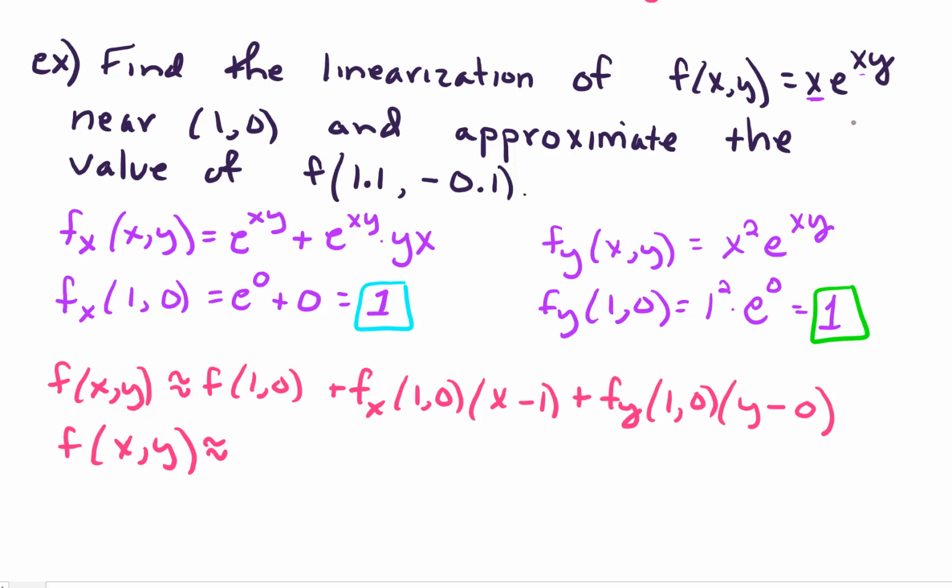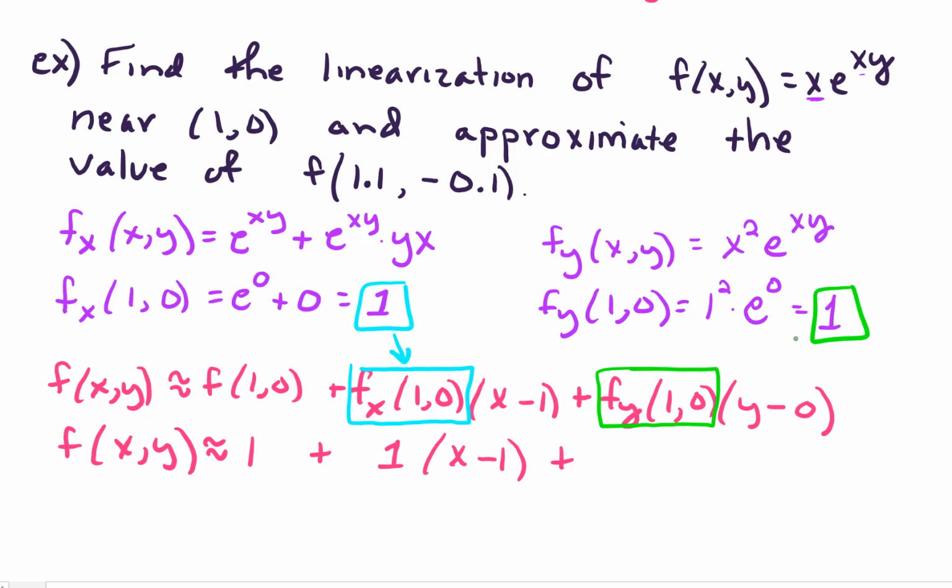Evaluating that, we get 1, plus our partial derivative with respect to x evaluated at (1, 0). We have already computed that. That turned out to be 1, plus the partial derivative with respect to y evaluated at (1, 0).